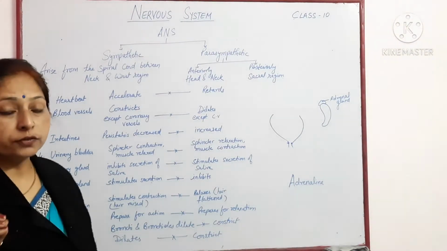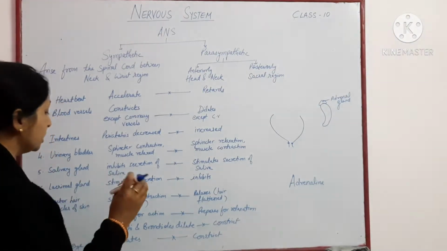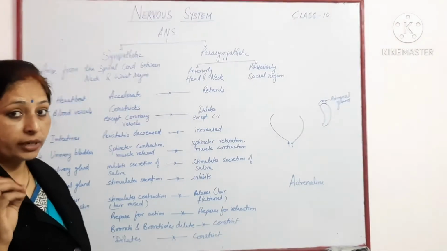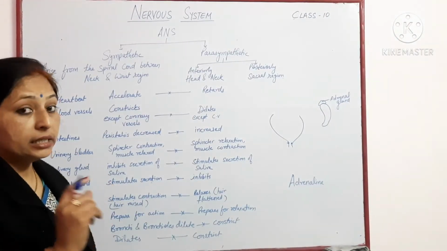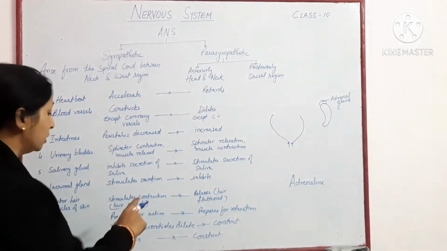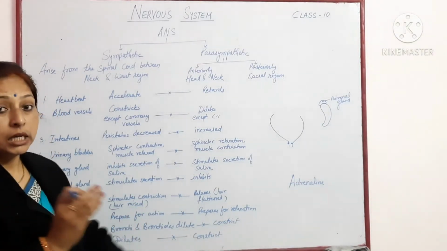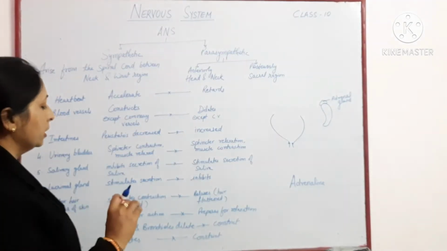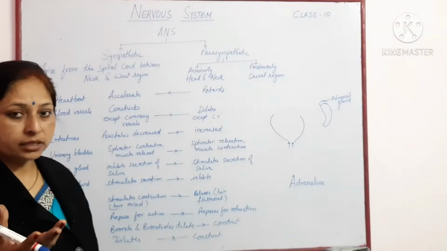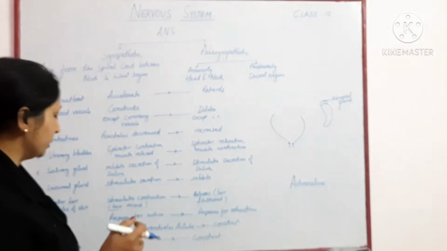Erector hair muscles of the skin: the erector muscles are stimulated to contract, resulting in goosebumps, or raising of the skin hairs, while in the other case it is in a relaxed condition and hairs are flattened.